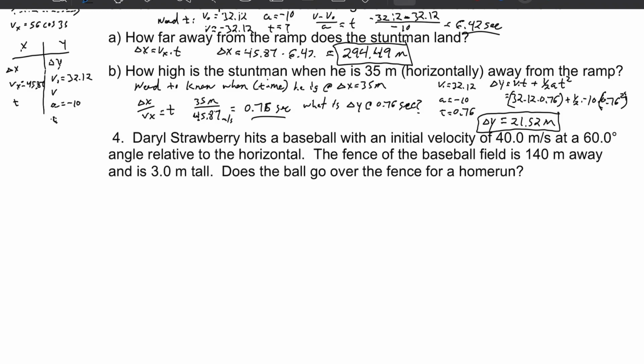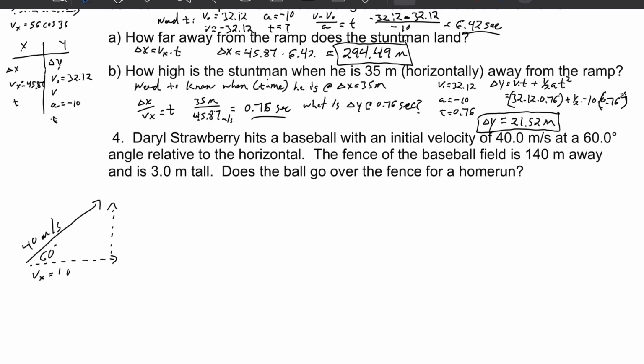Darryl Strawberry hits a baseball with an initial velocity of 40 meters per second at a 60-degree angle relative to the horizontal. So we're going to go ahead and draw that out. We get 40 meters per second going up and to the right, and we need to do the angle at 60 degrees. We know that the horizontal velocity, because it's a velocity triangle, because the hypotenuse is in meters per second, so all the sides will be in meters per second.